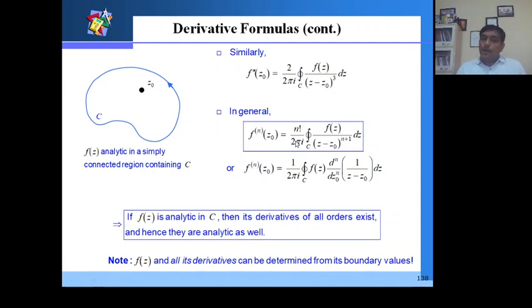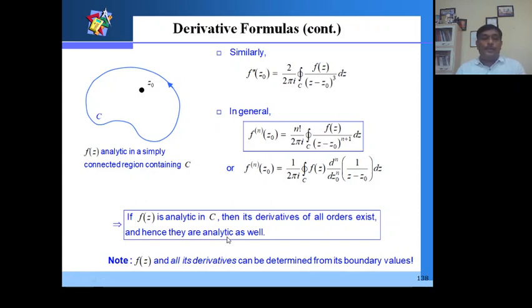It is one of the important theorems, Cauchy's integral formula. f(z) is analytic in a simply connected region containing C. You must remember this: if f(z) is analytic in C, then its derivatives of all orders exist, and they are also analytic.